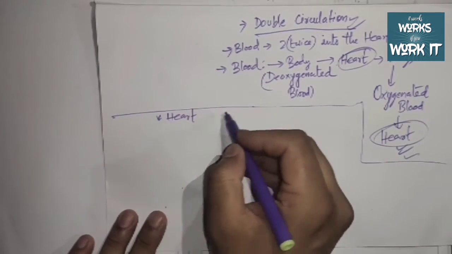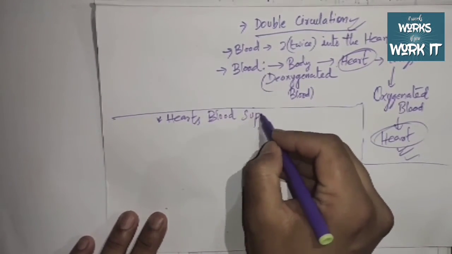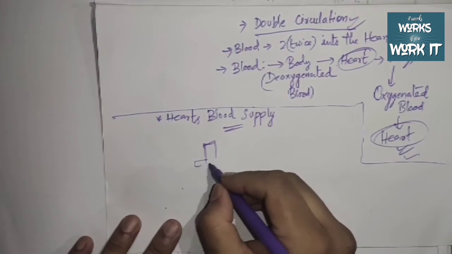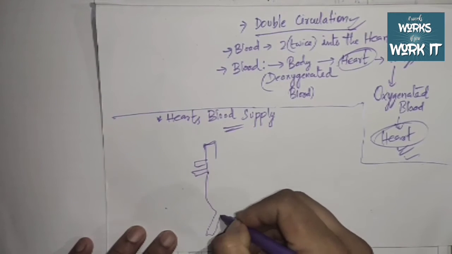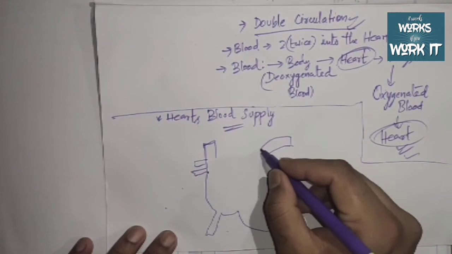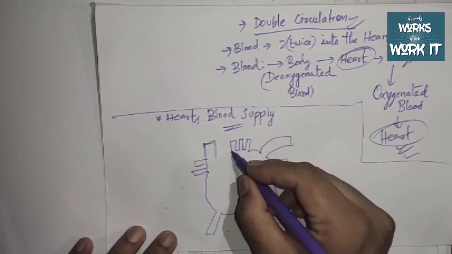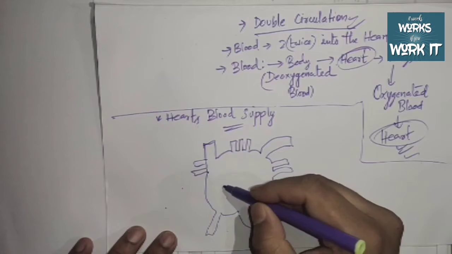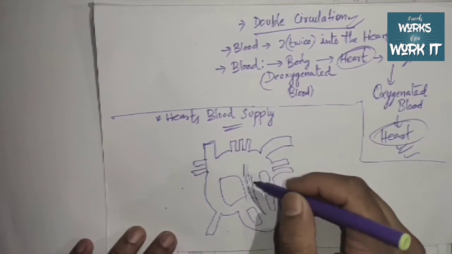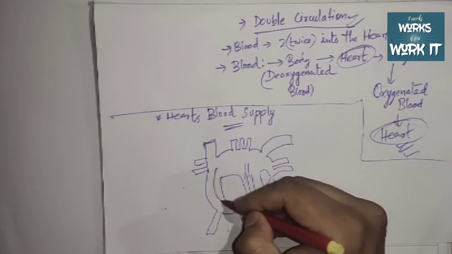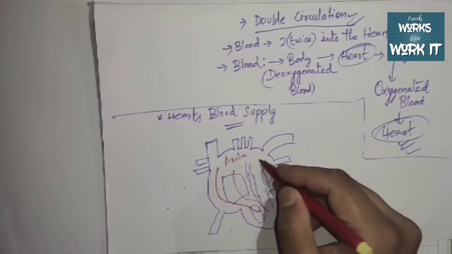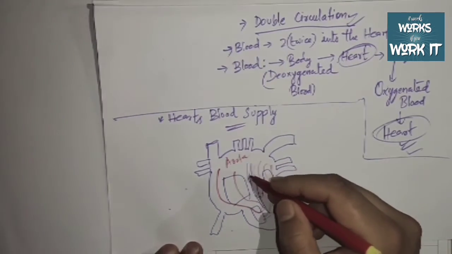Next part is the heart's blood supply. So whenever the pulmonary vein takes the blood inside the heart, what process goes on inside the heart, that we will see now. This is the rough sketch of the heart. These are the 4 chambers of the heart. Here some branch shaped arteries are present inside the heart.